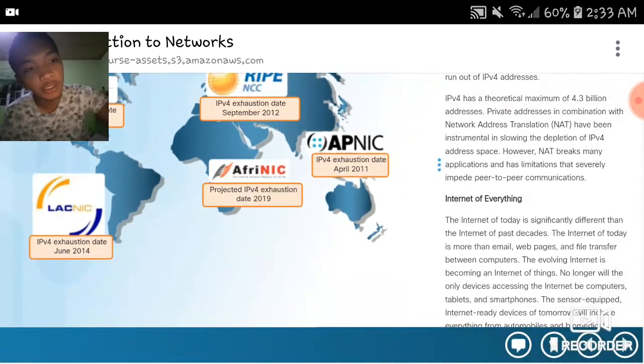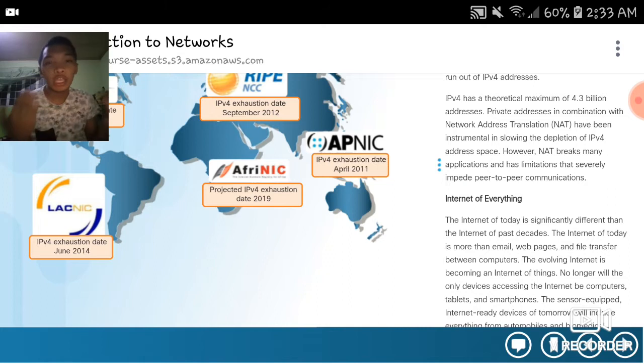The internet of everything. The internet today is significantly different than the internet of past decades, because now the internet is so very fast, no bottleneck. In past decades, we had slow internet, low bit rates, low RAM on our cell phones, no touch screens, no high-gig memory cards.